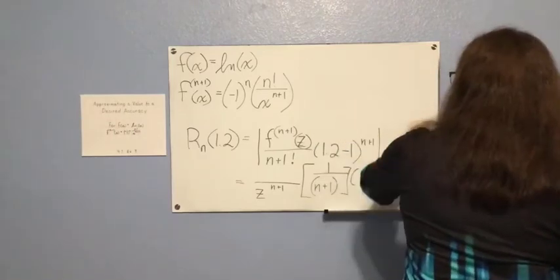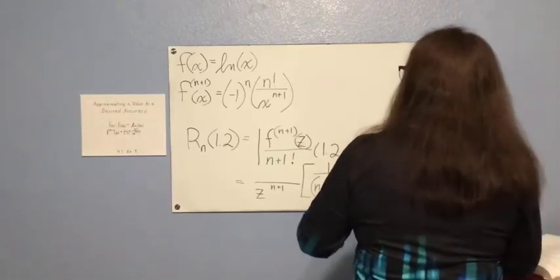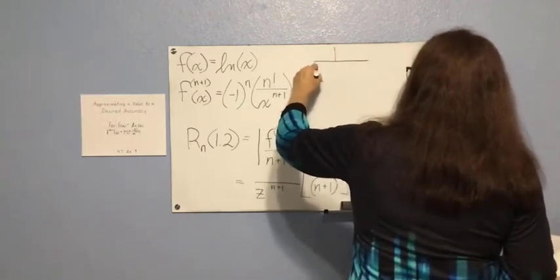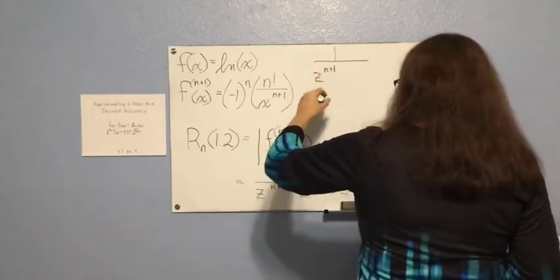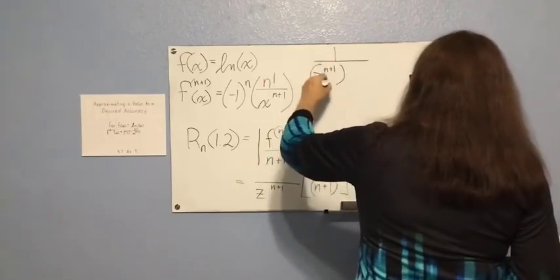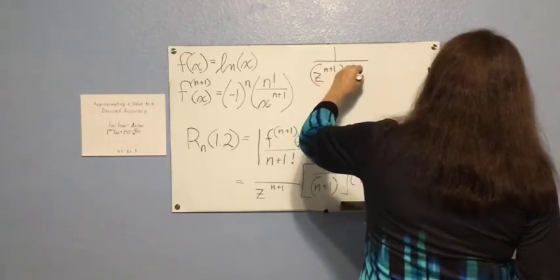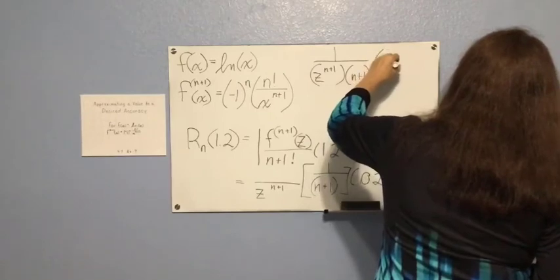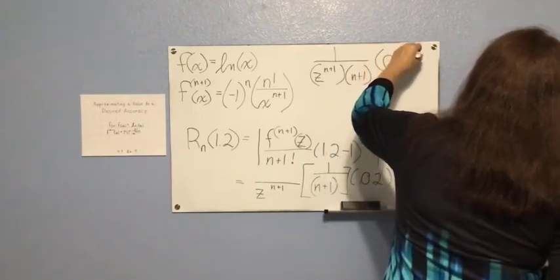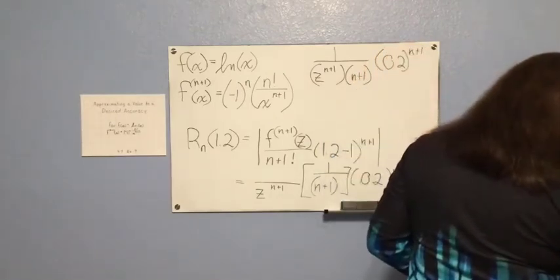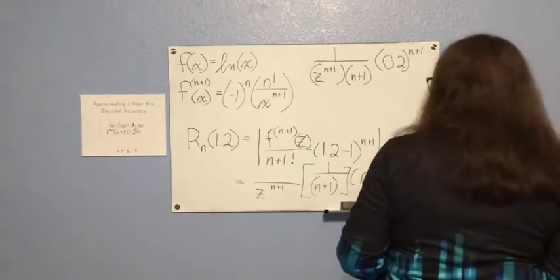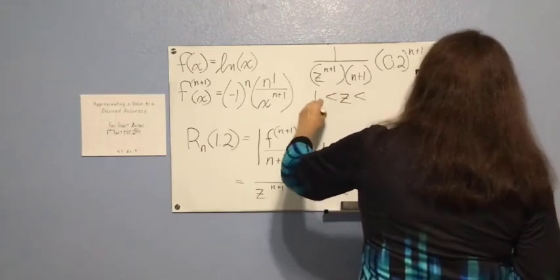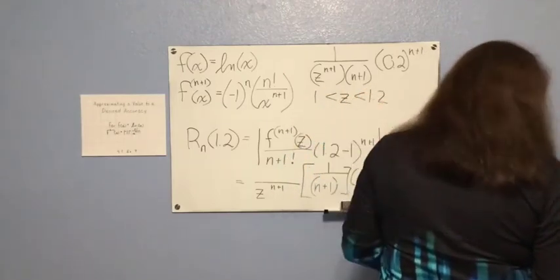Okay, so now my simplified version is 1 over z to the n plus 1 times n plus 1 times 0.2 to the n plus 1 power. And we're going to stipulate that z is in between 1 and 1.2.